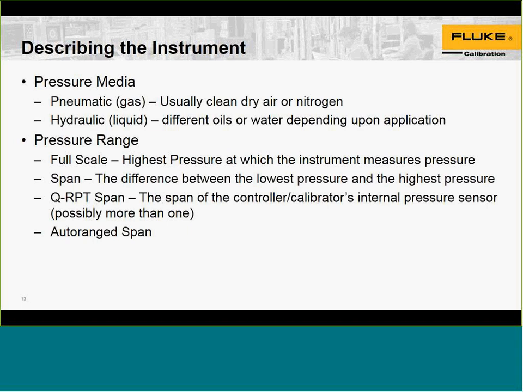Hydraulic is typically oil or water. The oil is a mineral oil, non-corrosive oil, kept clean. There are other types of oils used in the industry with different densities, but for calibration we try to use the cleanest oils possible for the process.